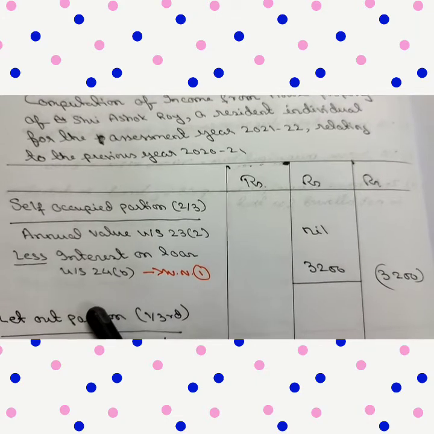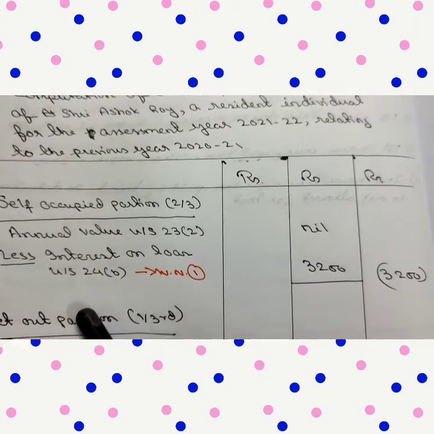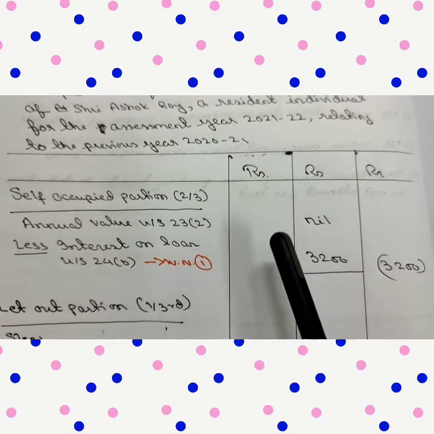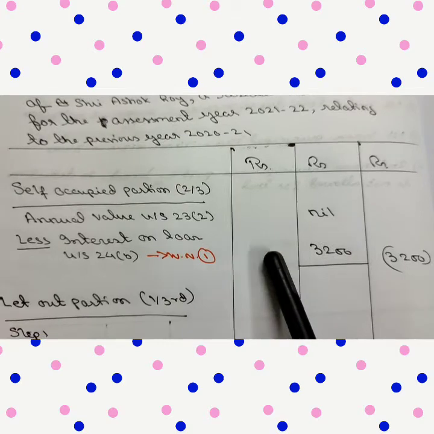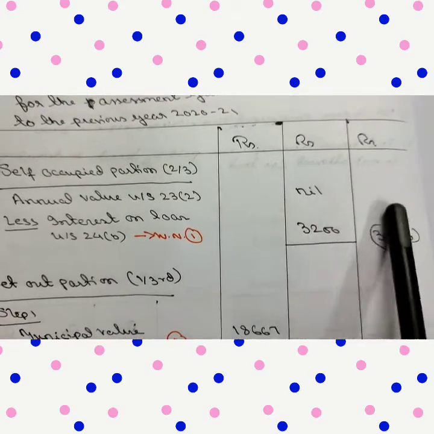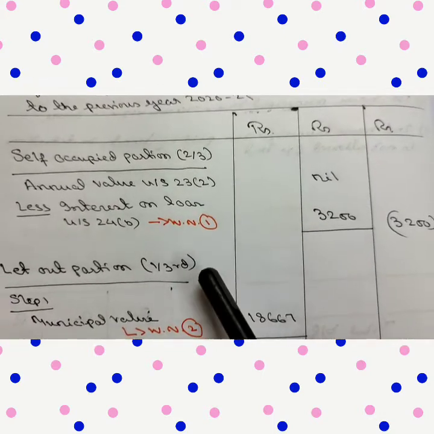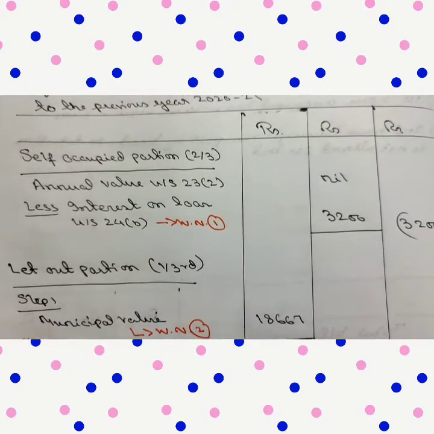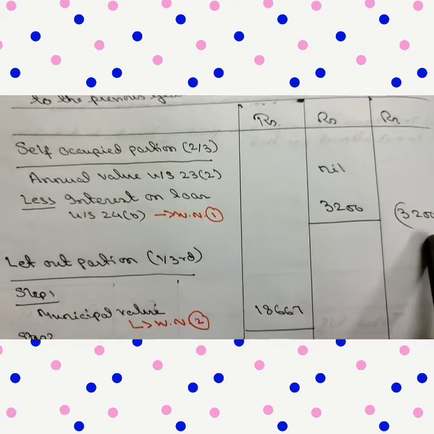So we will calculate income from house property of these two parts. I have told you that if there is more than one house, then you have to draw 3 amount columns. But in this question, though there is one house, this house is divided into two parts, so you have to draw 3 amount columns.